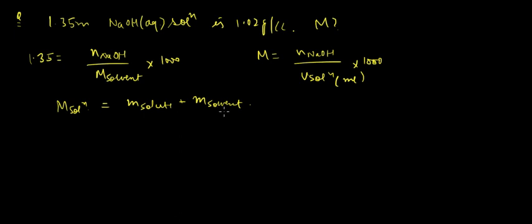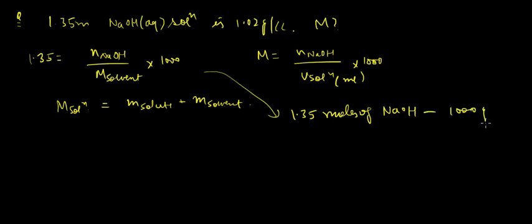We can write this as 1.35 moles of NaOH is present in 1000 gram of solvent.